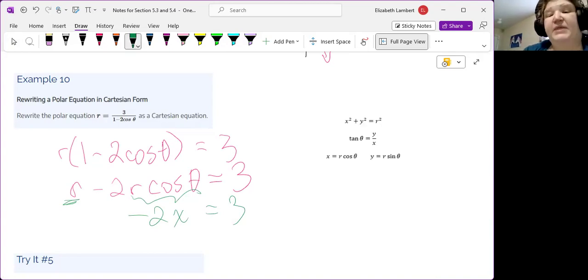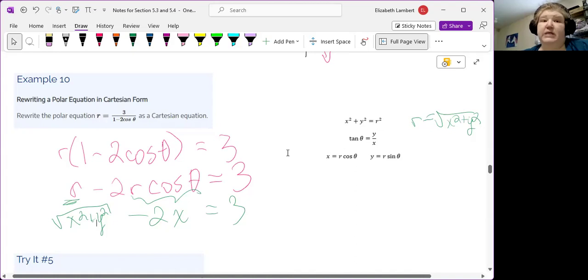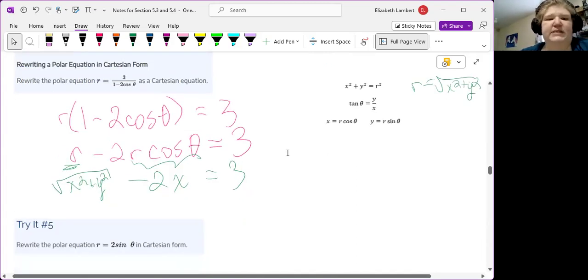If I take my Pythagorean one here and square root both sides, I can have r is the square root of x squared plus y squared. It's not pretty, and we do not want to go through the headache of getting y by itself. That is good enough. So sometimes the conversions are not pretty, but we can still figure it out.